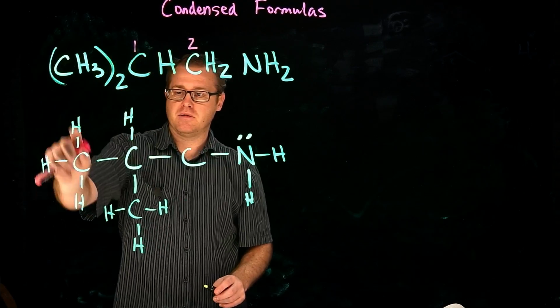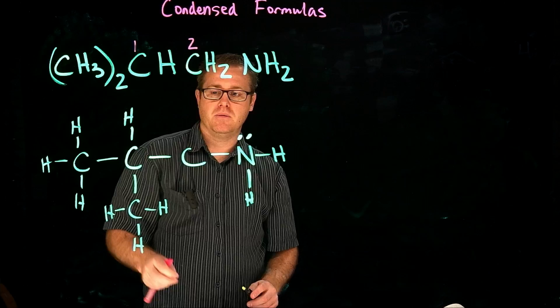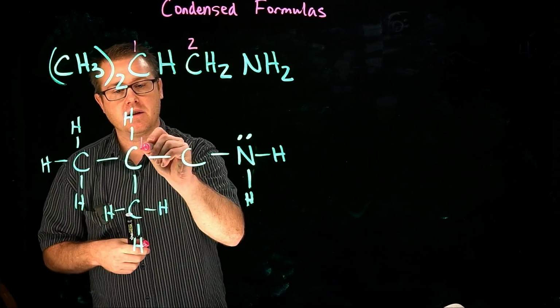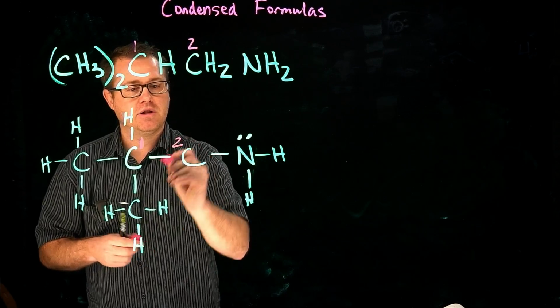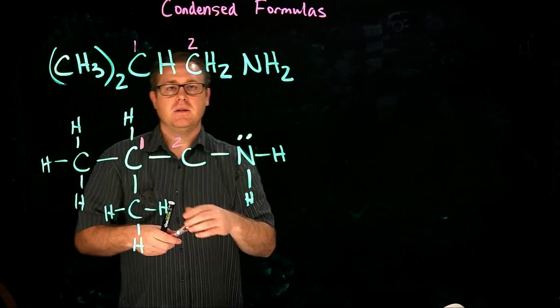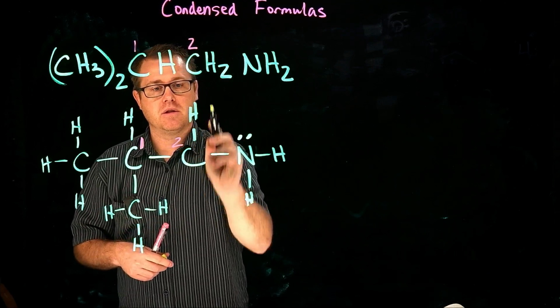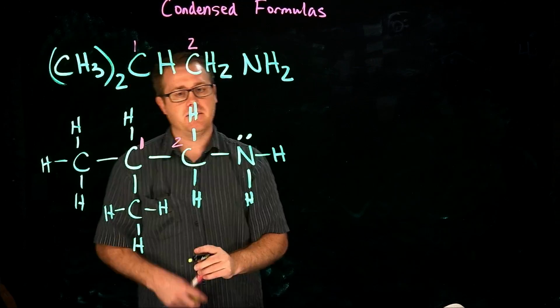So 2 methyls, 1, 2. So that's still carbon 1, the way I've numbered it. Okay, that's carbon 1, and that's carbon 2. And carbon 2 has what? 2 other hydrogens attached like that.